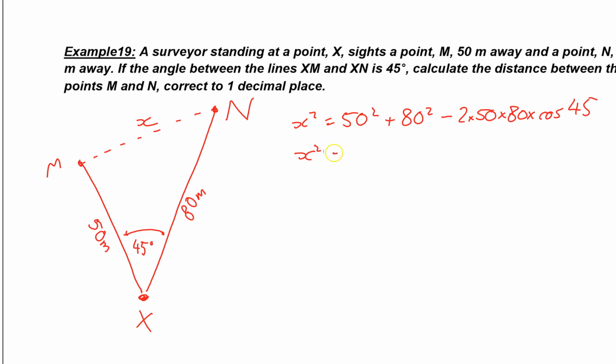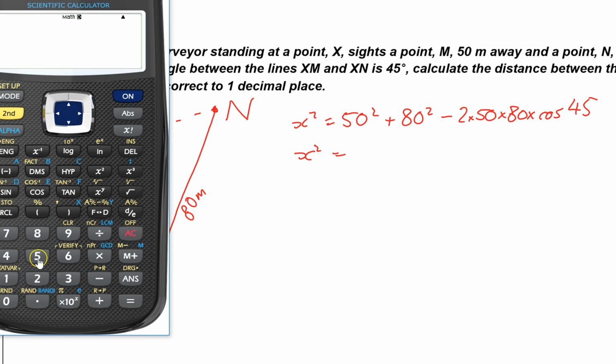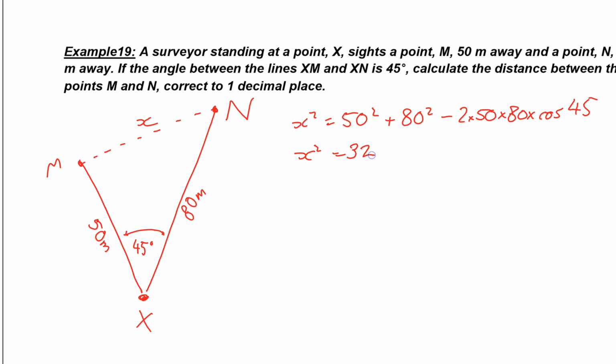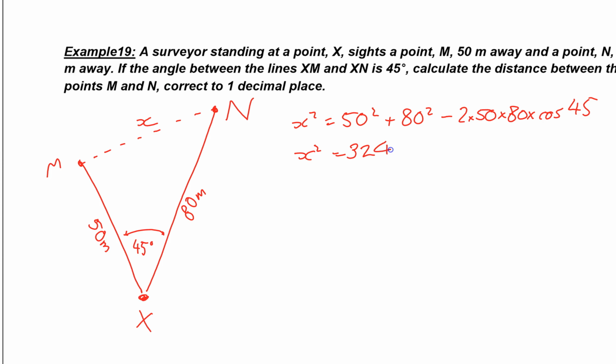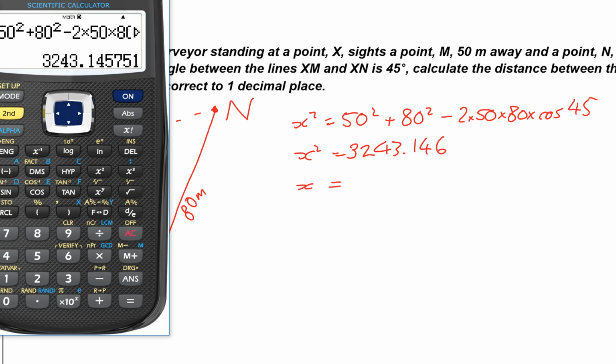Now comes the calculator again: 50 squared plus 80 squared minus 2 times 50 times 80 times the cos of 45 equals 3243.146, or thereabouts, and x then equals the square root of that.